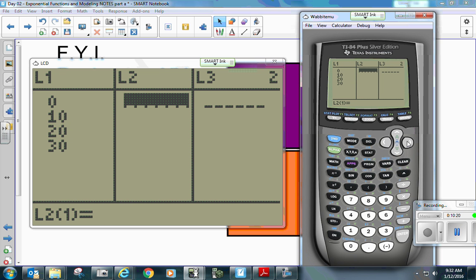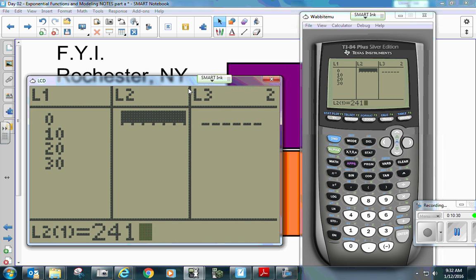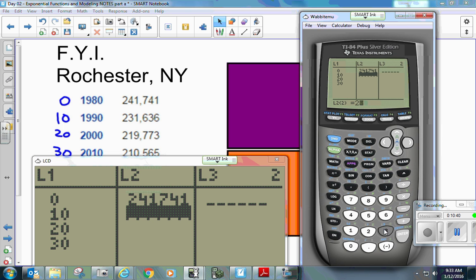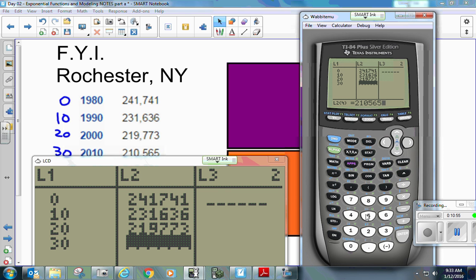Now, what were my values here? Because I can't see them. They're in your notes, because they should be right in front of you. 741. Good for you. You told me. 741. The next one is 231,636. The next one is 219,773. Then 210,565.